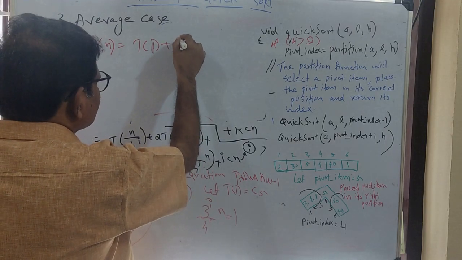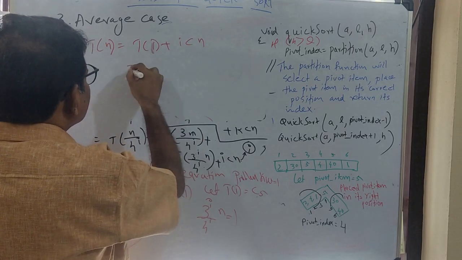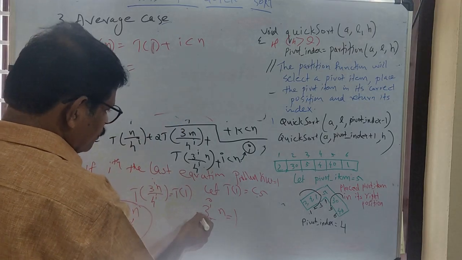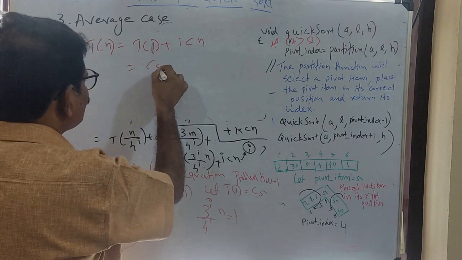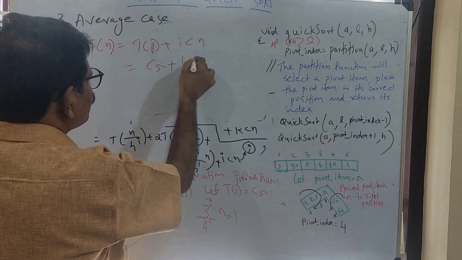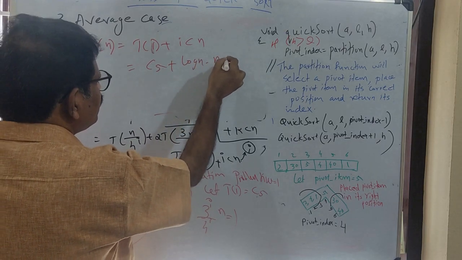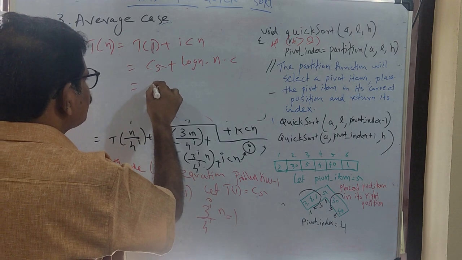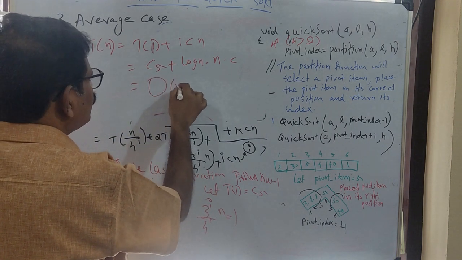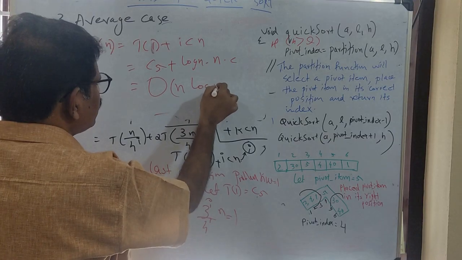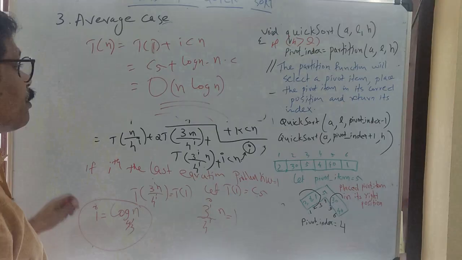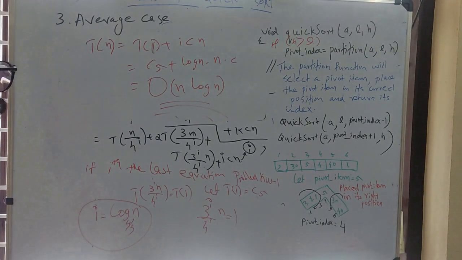We know i is log n, and we have assumed T(1) is equal to some constant C5, so C5 plus Cn log n. We can say the time complexity is big O of n log n. That is, the time complexity of the average case of quicksort is big O of n log n.